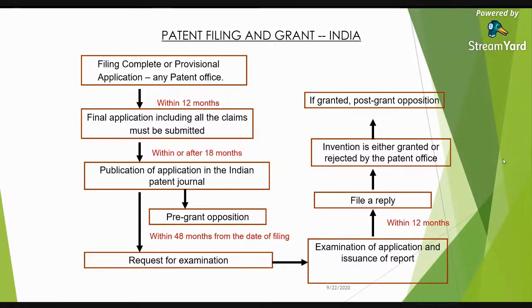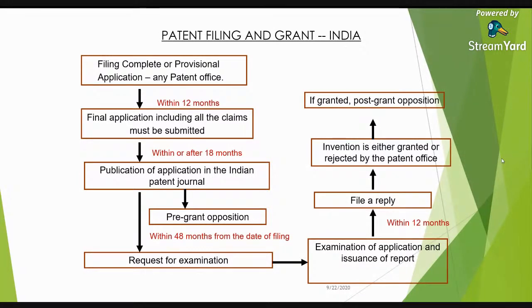If they don't agree, if they think this is obvious or this is not inventive, they can file a pre-grant opposition, and the patent office would hear it, and they will decide whether to continue the patent examination or to abandon the patent, or to ask the applicant to amend the patent, whatever it is.